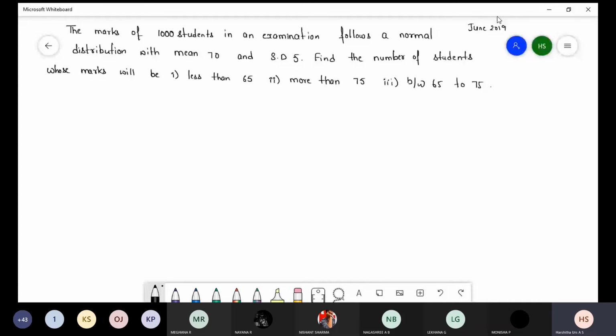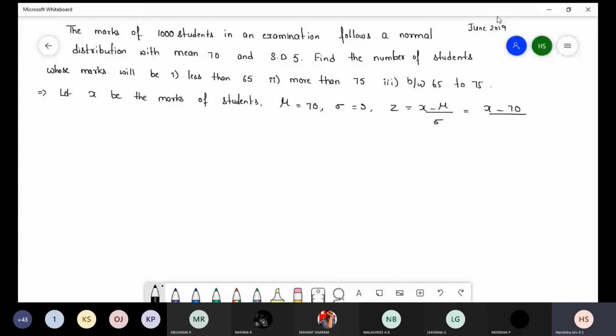So here we can write, let x be the marks of the students. First write down whatever they have given: mu is equal to 70, sigma is equal to 5, and the formula of the standard normal variate is z is equal to x minus mu divided by sigma, so x minus 70 divided by 5.